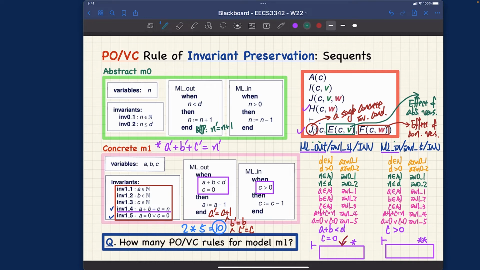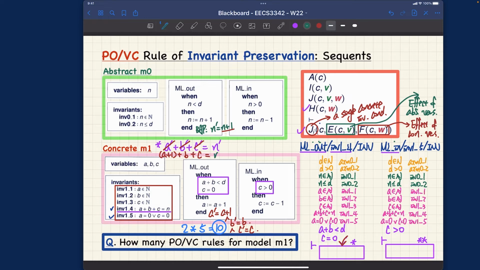Let's now do it. You can see A prime over here is going to be replaced by A plus 1, and plus B prime is going to be replaced by B because it's unchanged. Plus C prime is replaced by C, unchanged. What about M prime? M prime should be M plus 1.